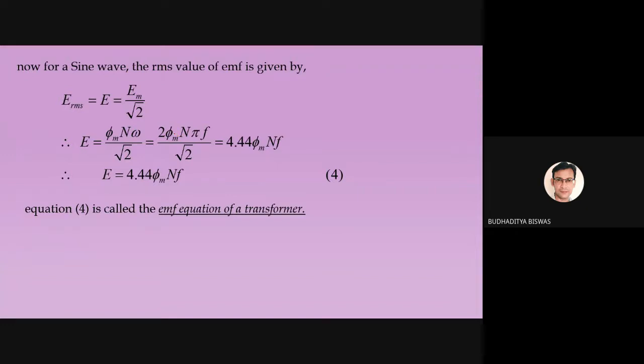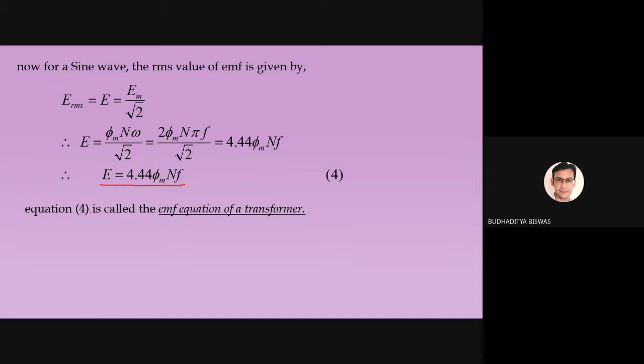Now omega means 2 pi f. So with 2 pi f, and doing the calculation, we get E equal to 4.44 phi m N f, where phi m is the maximum value of the flux, N is the number of turns in that particular winding, and f is the frequency of excitation. This equation number 4 is called the EMF equation of a transformer.